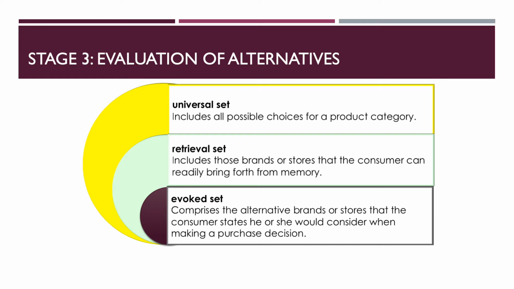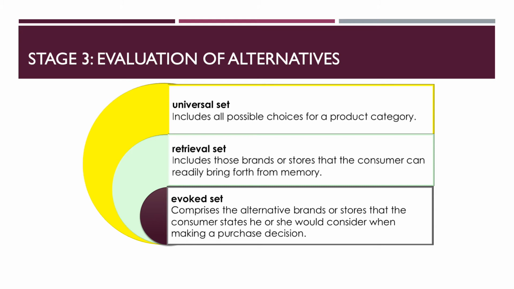Universal sets include all possible choices for a product category, but because it would be unwieldy for a person to recall all possible alternatives for every purchase decision, consumers tend to focus on only a subset of choices. One important subset is the retrieval set, which comprises those brands and stores that can be readily brought forth from memory.